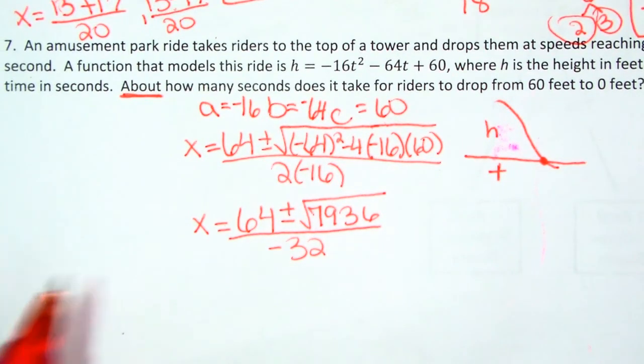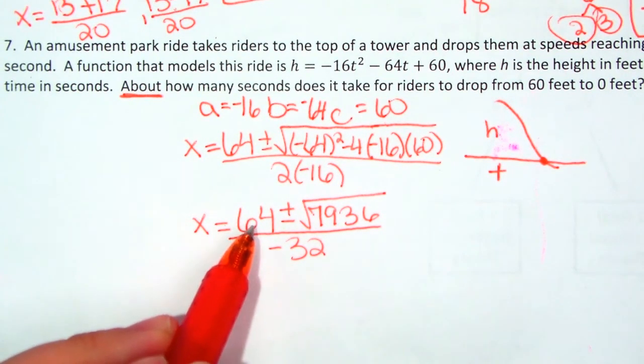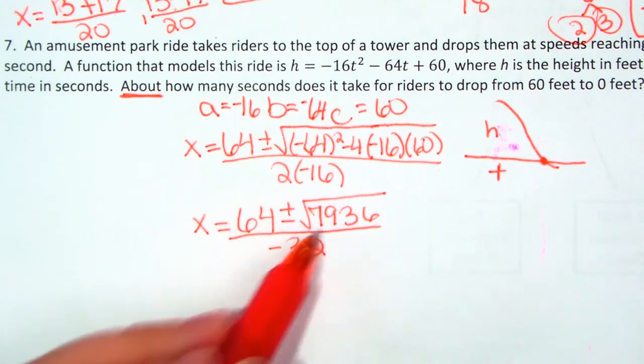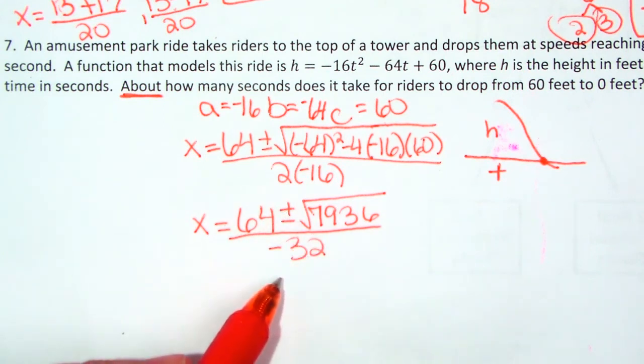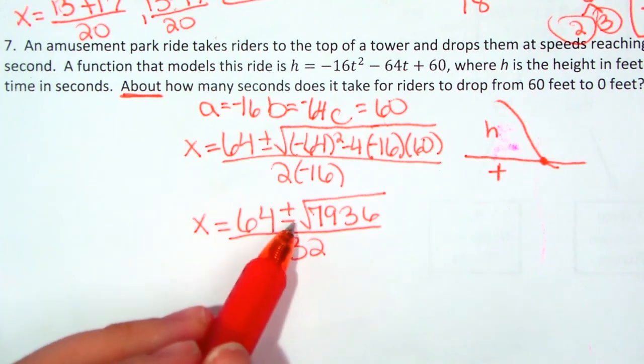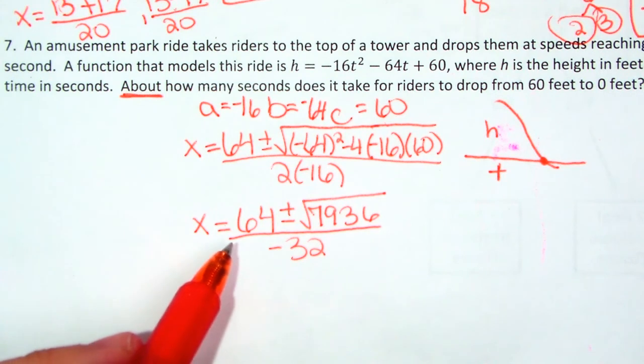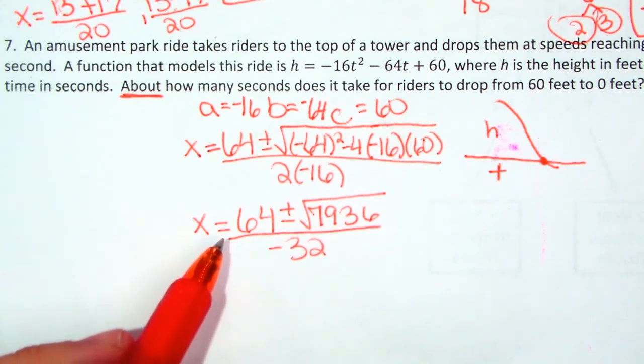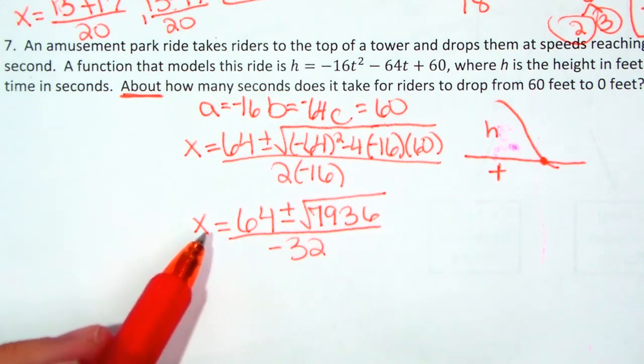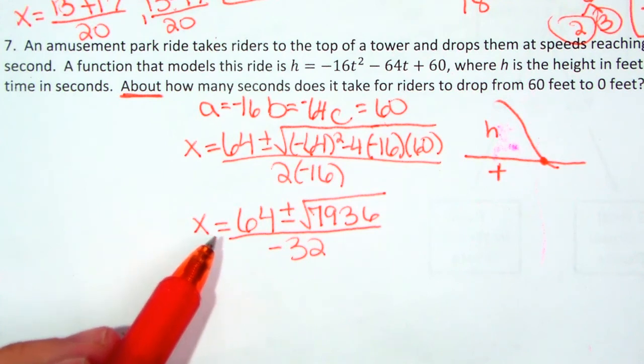We are allowed to type into our calculator 64 plus the square root of this number divided by -32, and 64 minus the square root of this number divided by negative 32. And when we do that, give me a second to type it in.